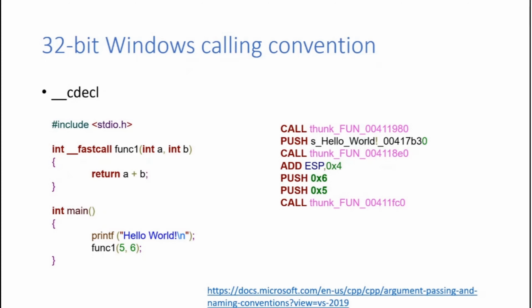In the cdecl calling convention, we use the same example to pass parameters 5 and 6 to function 1. But we see here that the parameters 5 and 6 are passed by pushing the variables onto the stack.